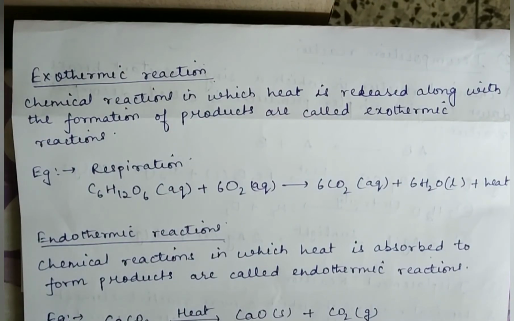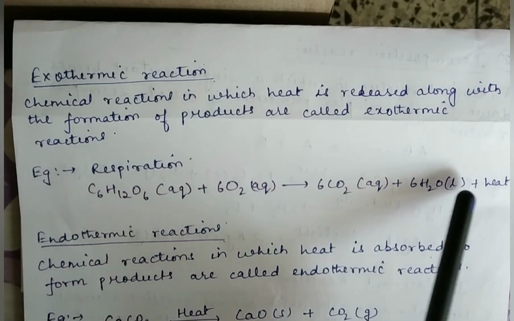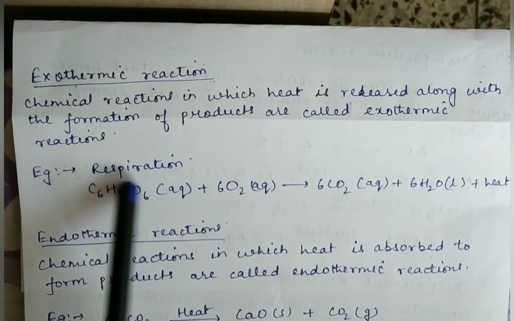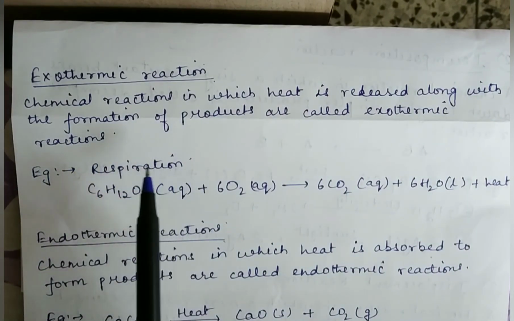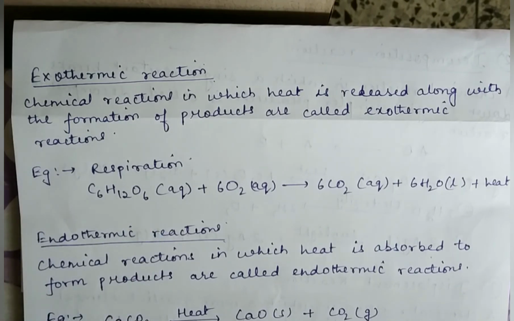So other than those two examples, here I have taken one more example, which is of respiration. You will learn about respiration in detail in biology. So basically I'll give an idea. Respiration is breaking down of glucose or food molecules. We know that if we go on breaking down carbohydrate molecules, we end up with glucose. So the respiration process takes place in our cells.